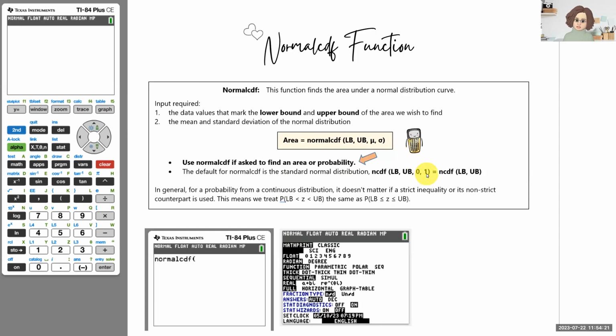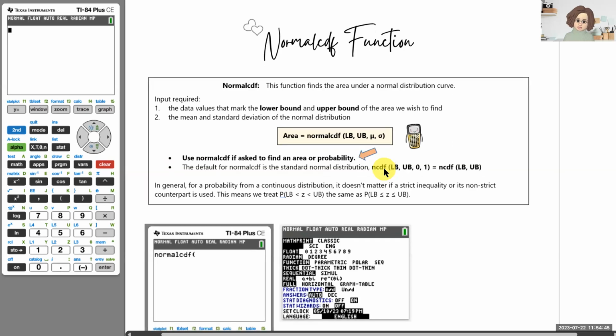And it turns out that standard normal is the default on the graphing calculator. So generally speaking, you would enter those 4 pieces of information. But for standard normal, if you don't enter a mean or a standard deviation here, the calculator will assume you mean this standard normal. So it saves us a little bit of typing.